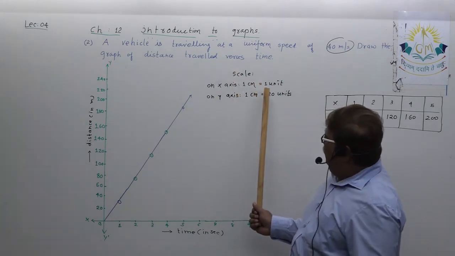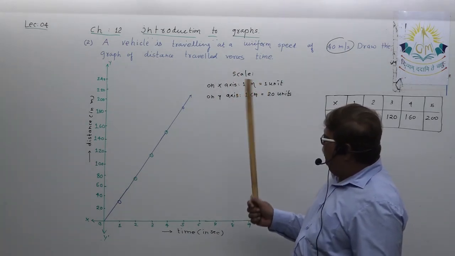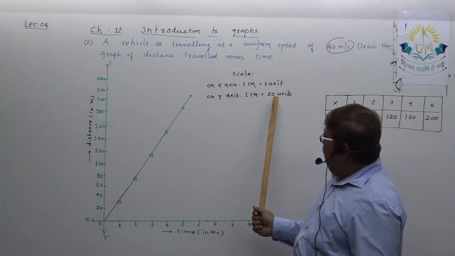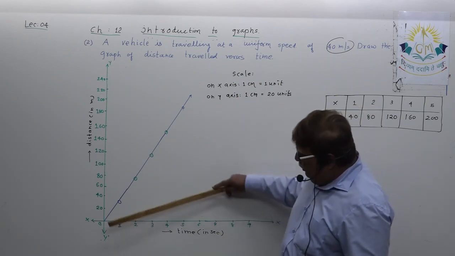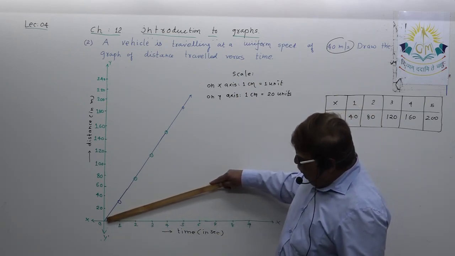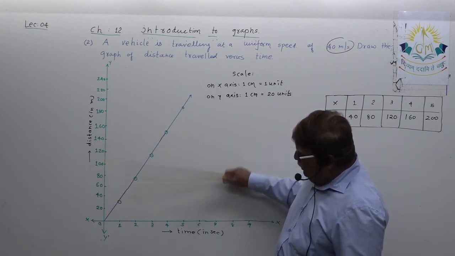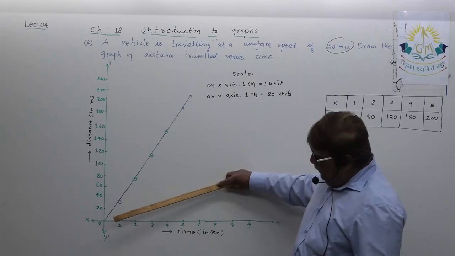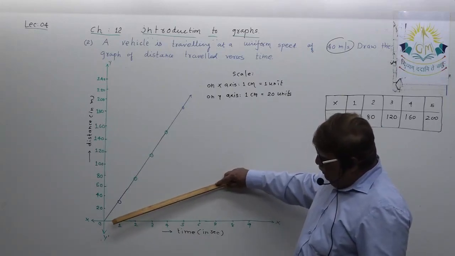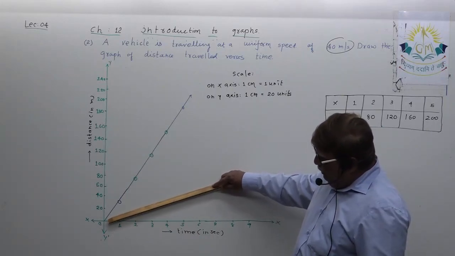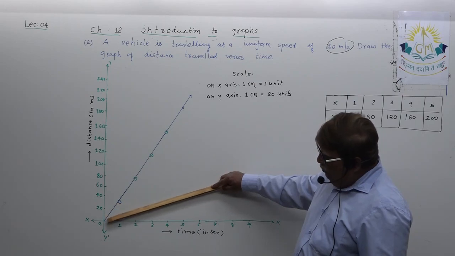Initially, we have taken in the first one 1 centimeter equal to 10. Here we have taken 20. So each box is of 20, 20, 40, 60. That way you need to understand. And I don't think you will have any complication in taking how many lines equal to 1.